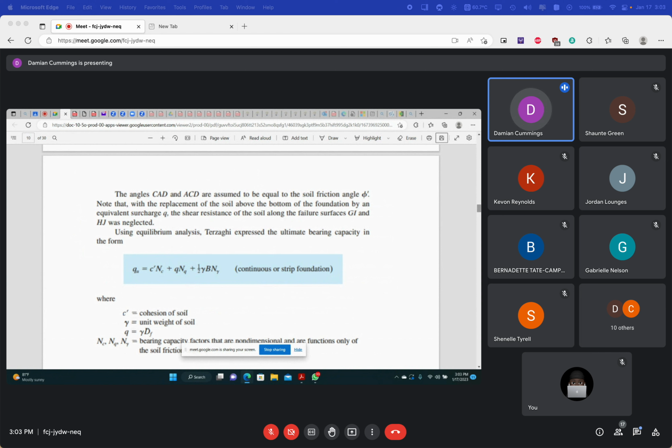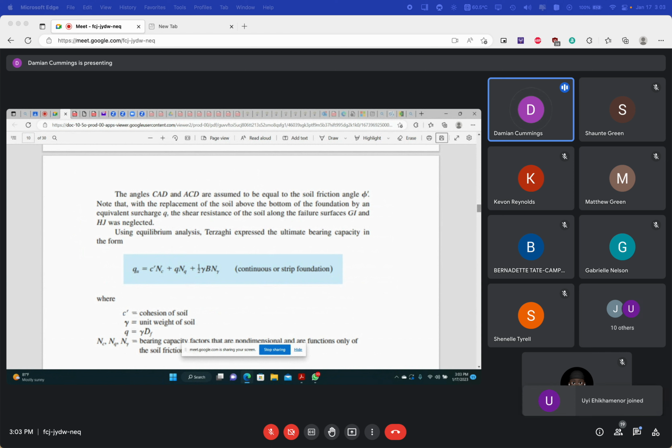So for a strip or continuous foundation, and a strip foundation is something that you see every day in domestic housing, where we have a continuous foundation on which the structural walls rest.